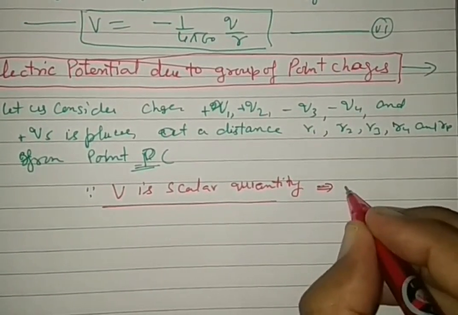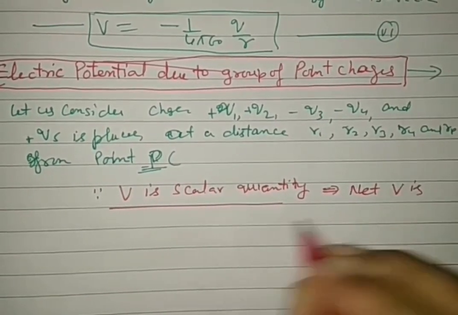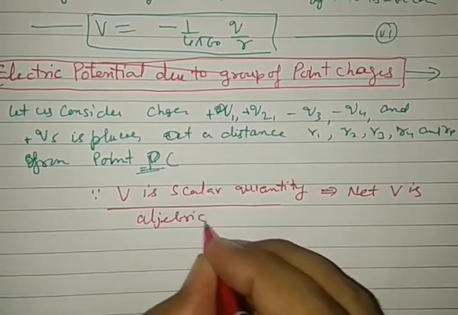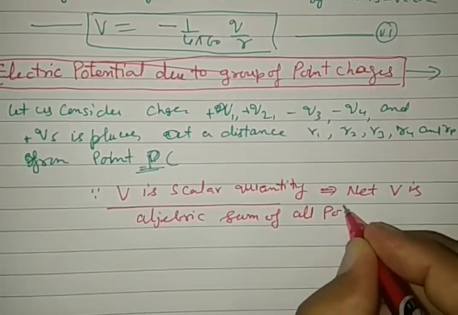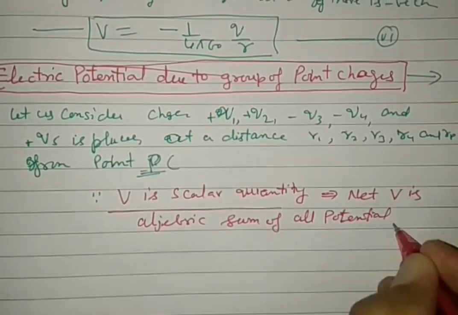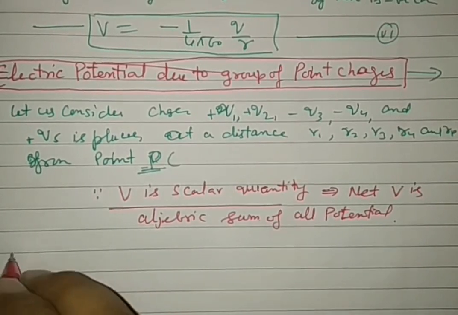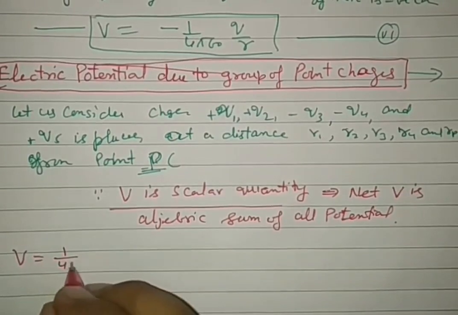So this implies that the net electric potential is the algebraic sum of all potentials.